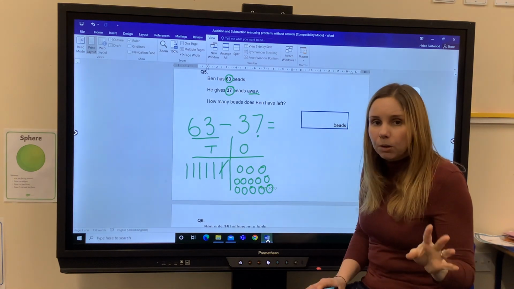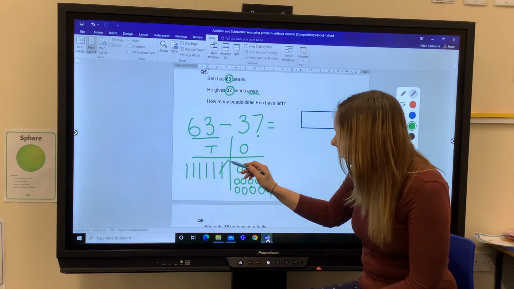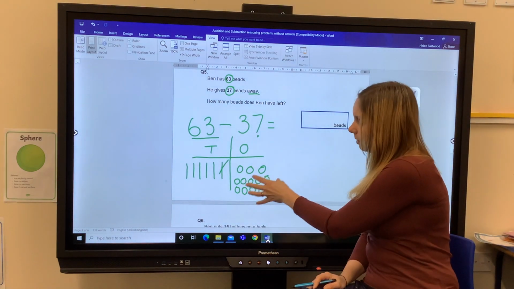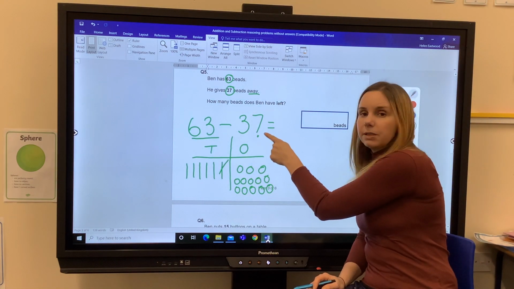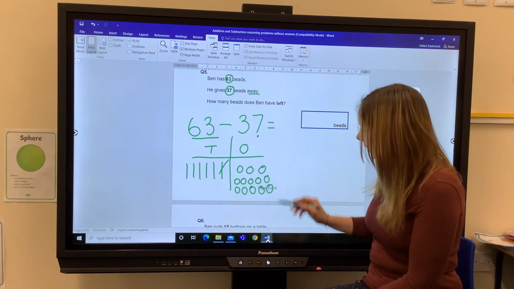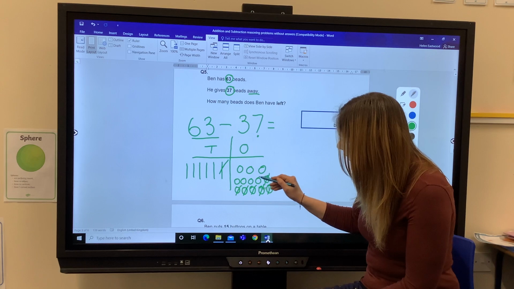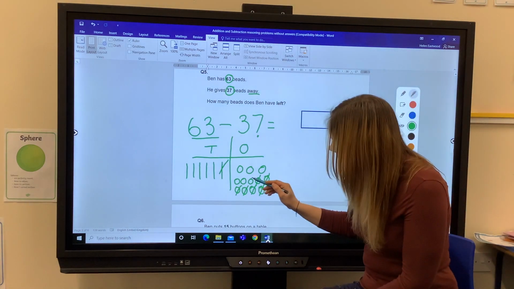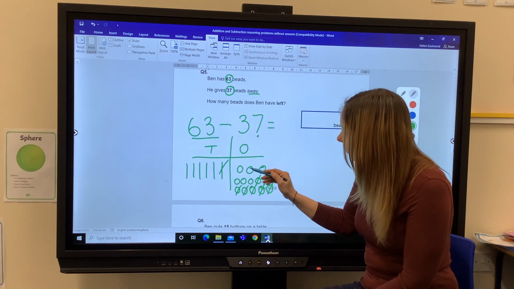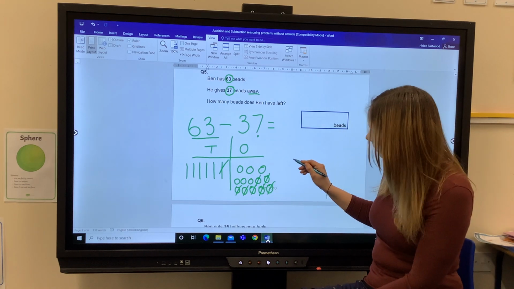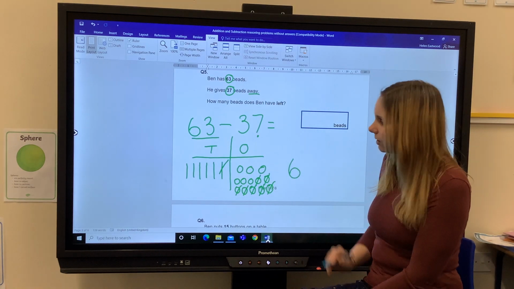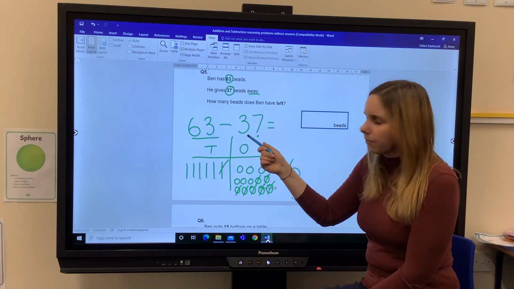And it's really important, this is where I sometimes go wrong, that once you've broken the 10, so you can subtract that number, you still remember to subtract that. So now take away the 7. 1, 2, 3, 4, 5, 6, 7 leaves us with 1, 2, 3, 4, 5, 6. Leaves us with 6. This one, 37.